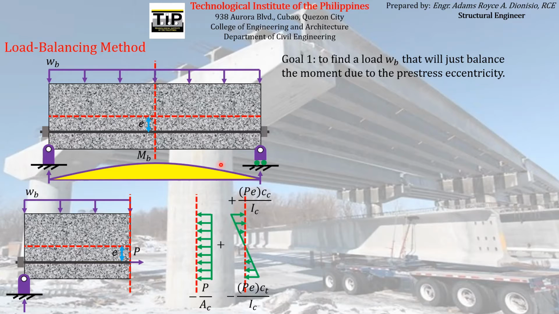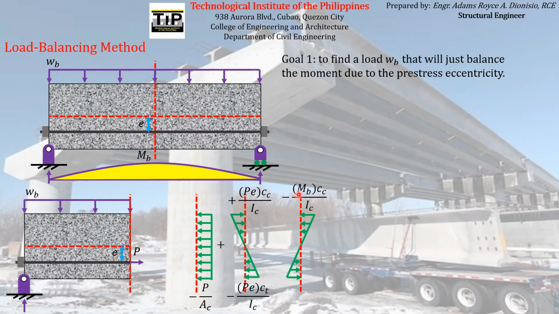So additional to that, since we now added a balance load W that produces a balance moment at midspan, that balance moment acting at midspan will again induce additional stress on the concrete section at midspan, additional to these stresses induced by the pre-stressing force, which will look like this. If we try to graph the flexural stresses that will be induced by this balance moment at midspan, it will look something like this with an extreme fiber magnitude equal to MC over I.